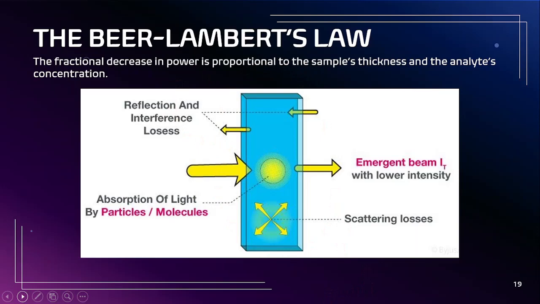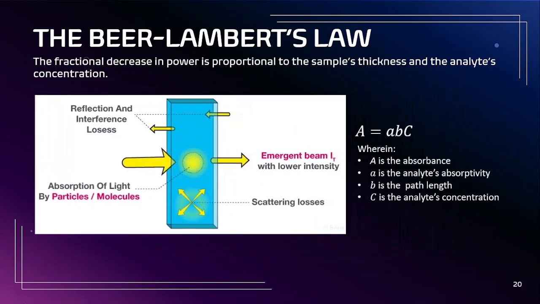The cool thing about the Beer-Lambert's law is that it establishes a linear relationship between the absorbance and concentration. So by measuring how much light is being absorbed, we can determine the concentration of the solution.